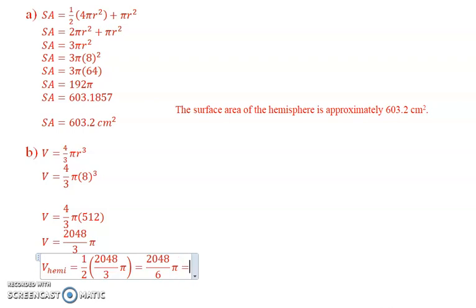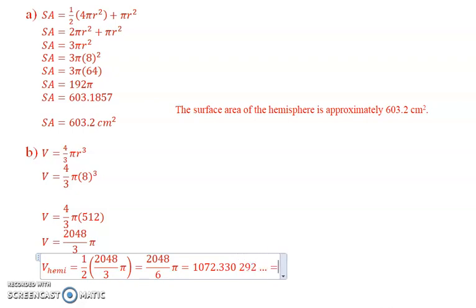When we simplify that, we take 2048 and divide that by 6, which is 341.3 repeated, multiply that by pi, and we get 1072.330292, and some more digits.